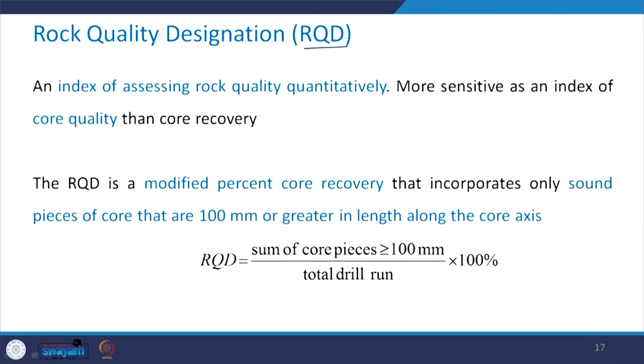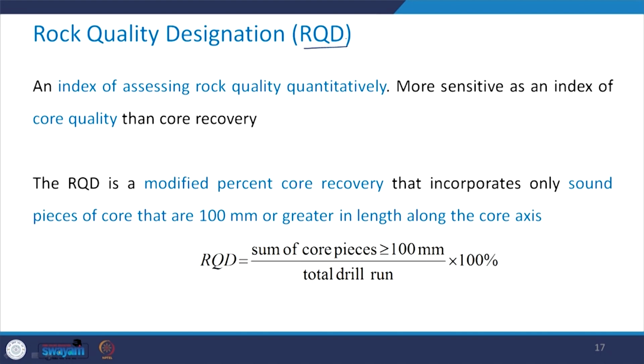It is an index of assessing the rock quality in a quantitative manner. This is more sensitive as an index of core quality than the core recovery. So, there are going to be two terms, rock core recovery and rock quality designation. There is a difference between the two. What is it? We will see it now.